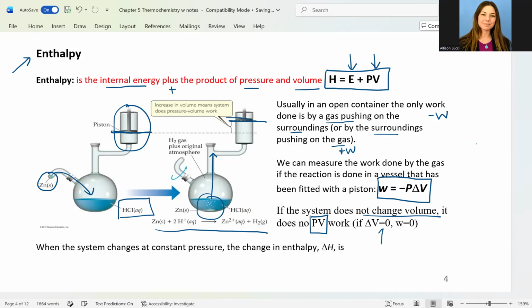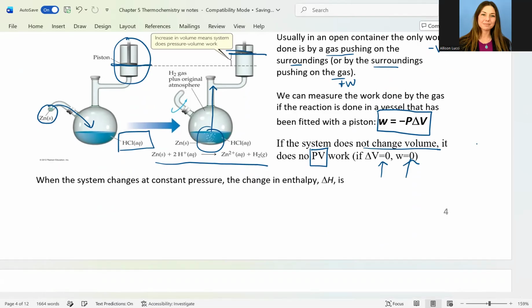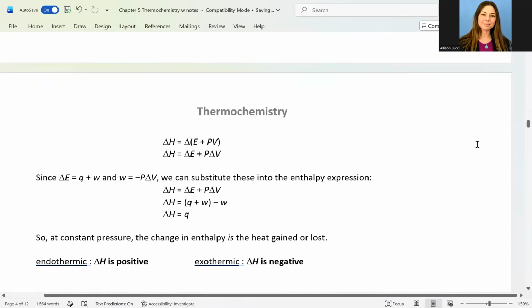So when the change in volume is zero, this work portion of the equation will disappear, and we can see that at constant pressure, right? So we have no change in volume, so we assume the pressure is constant. The change in enthalpy, the delta H, we can equate that to Q.